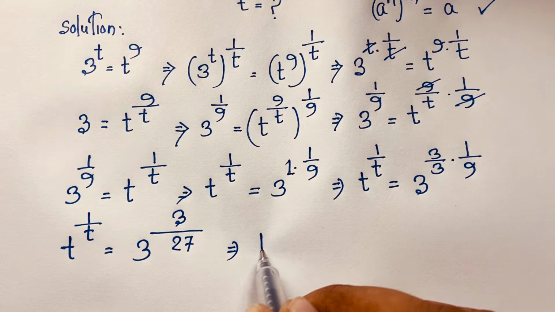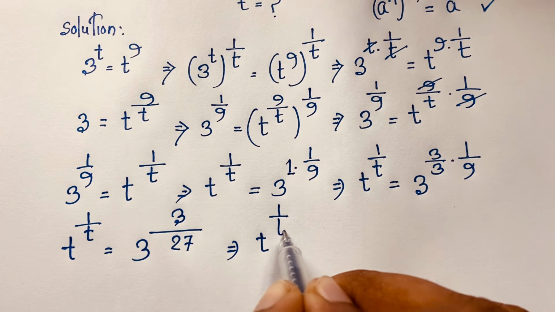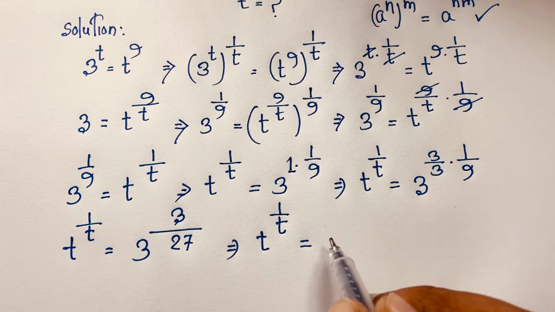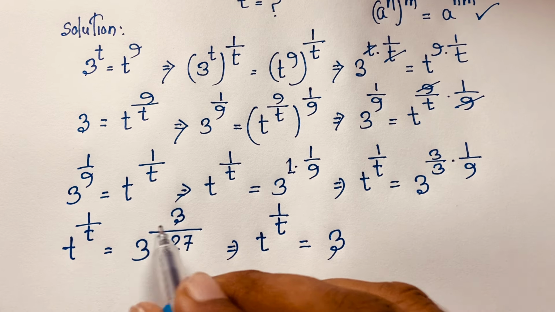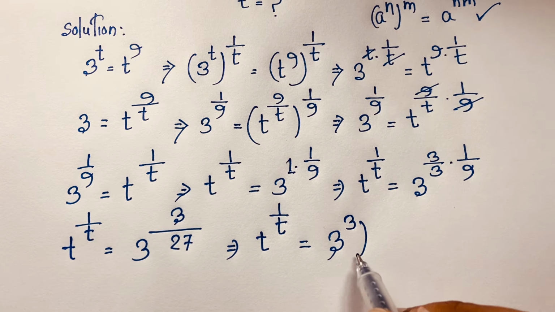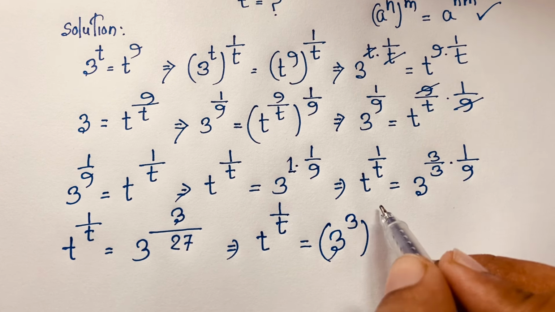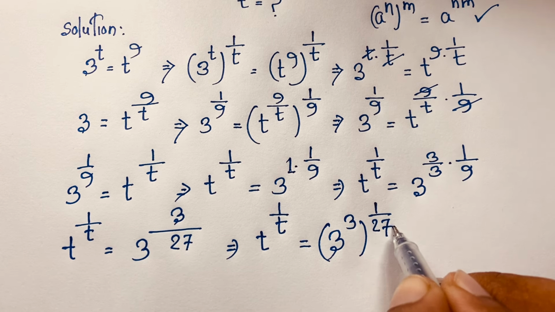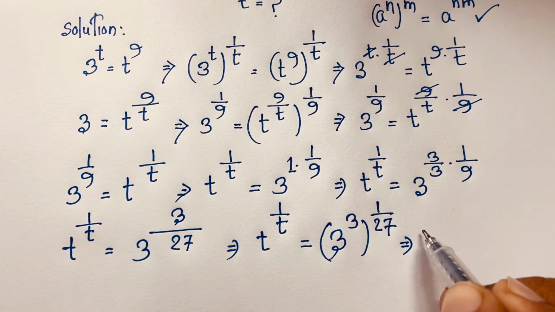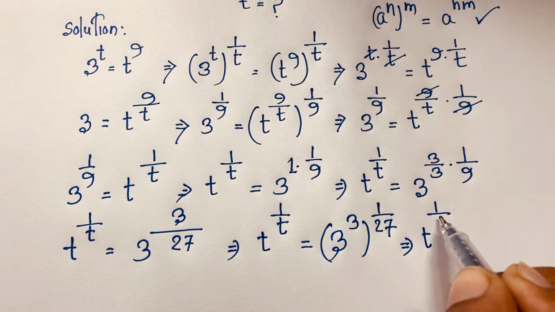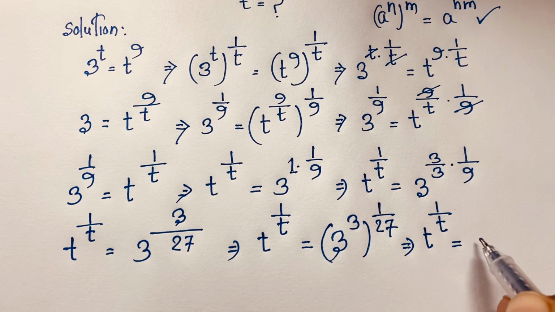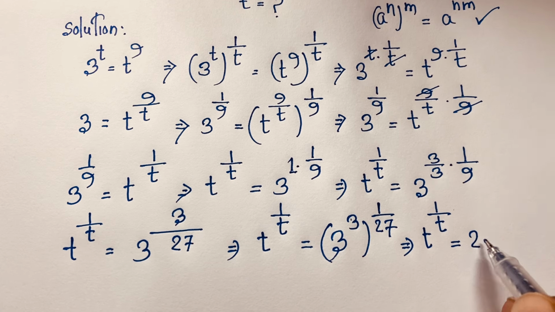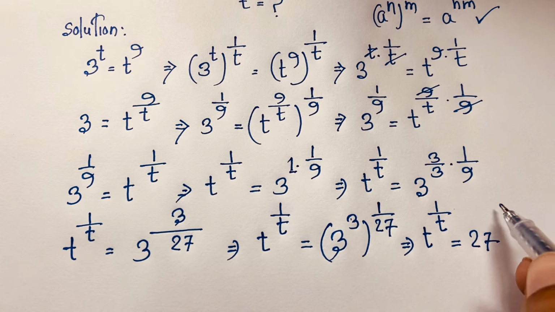Now, here, t to the power 1 over t is equal to 3 to the power, I take this 3 here, and bracket, it will be 1 over 27. Now, you can say that t to the power 1 over t is equal to 3 to the power 3, this is 27, and this is 1 over 27.